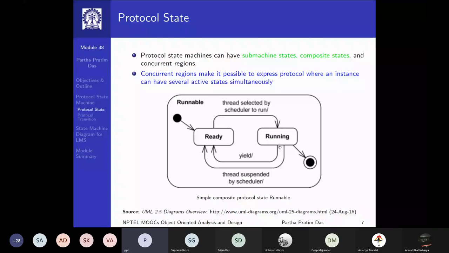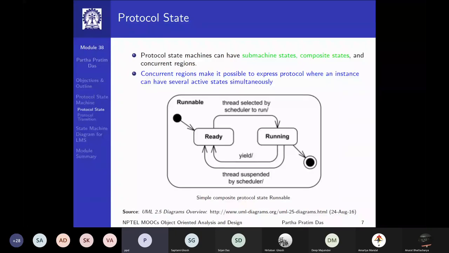The running process has its timeout, so it yields to other processes, back to ready, or for some reason the scheduler has suspended it, back to ready, and so on. So this is a protocol state machine, where your primary focus is the protocol state transitions.